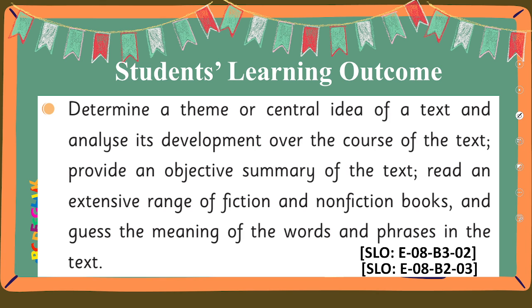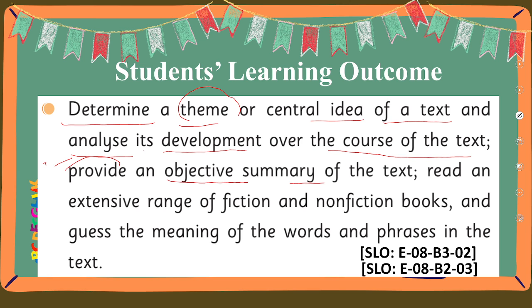It says, determine a theme or central idea of a text and analyze its development over the course of the text. We will also try to see how we can provide an objective summary of the text. Read an extensive range of fiction and non-fiction books and guess the meaning of the words and phrases in the text.